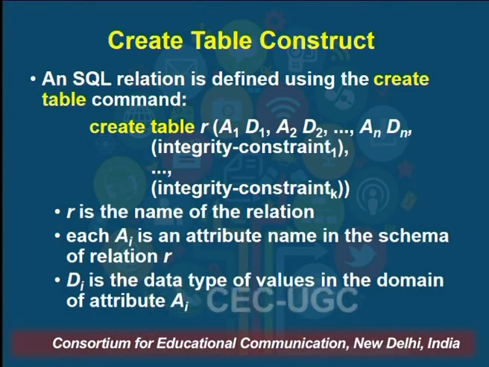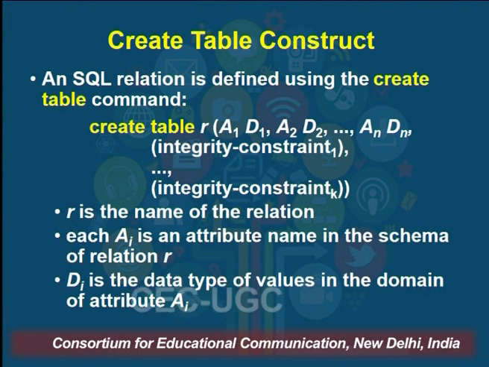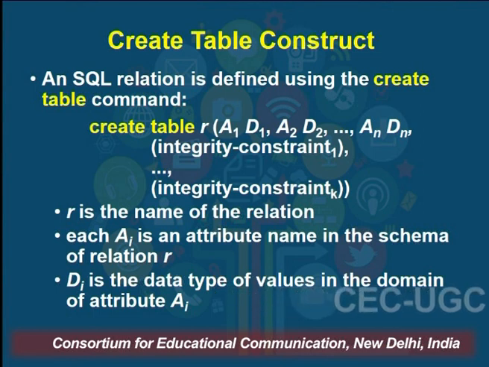So the proper syntax of the SQL create table command goes like this: create table R. R is the name of the relation, and within the brackets we write the attribute names and the data type of the values in the domain of the attribute. For example, create table R (A1 D1, A2 D2, A3 D3).